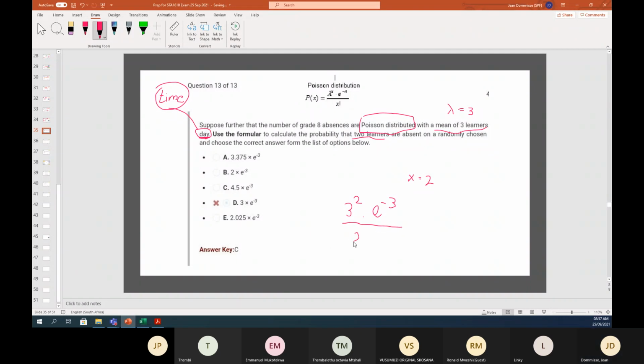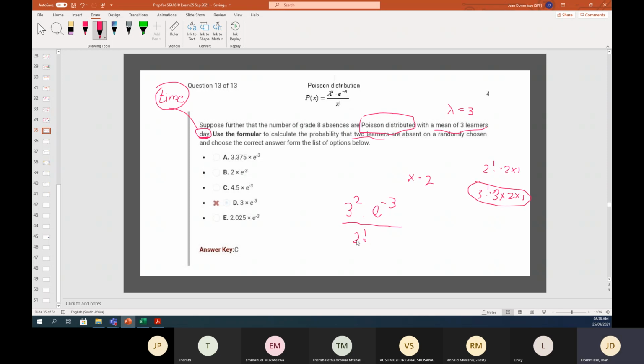And so what this means is 2 factorial, so it's 2 times 1. For this one it doesn't matter, but if it was 3, it would have been 3 times 2 times 1. So if it is something else, that is what it means.